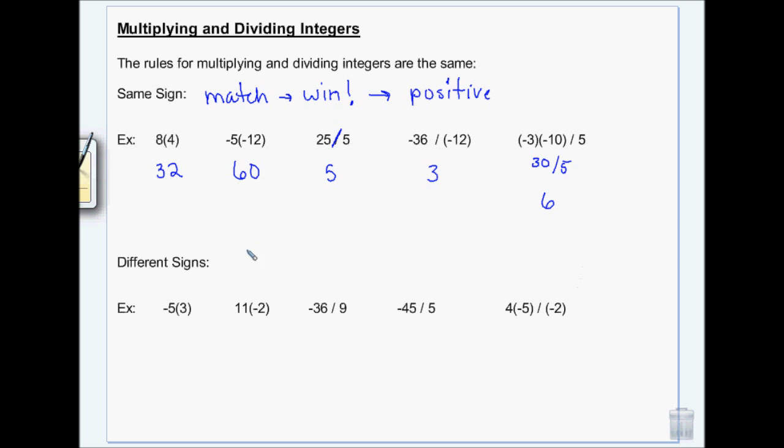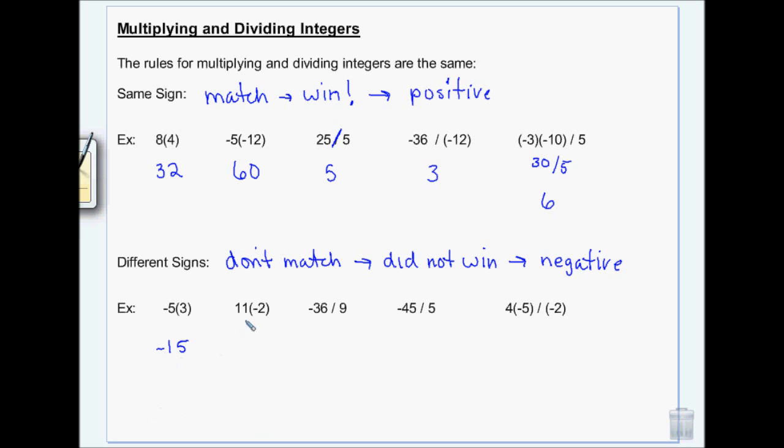If you had different signs, they don't match. That means you did not win. And that's negative. So negative times a positive is a negative.